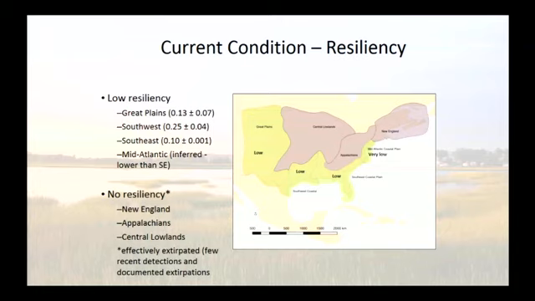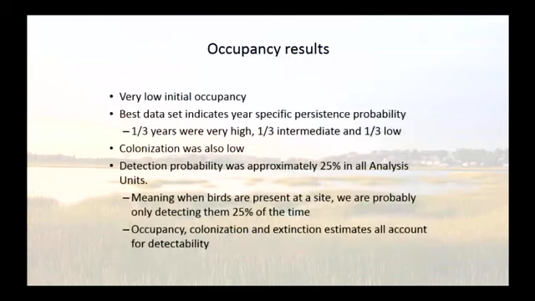So the service took those occupancy estimates and determined that these 4 regions had low resiliency and low redundancy because of those occupancy estimates being so low. And they determined that the regions where there are no rails anymore, that there is no resiliency in those locations. So we had some cool results here, though, that we could work with.